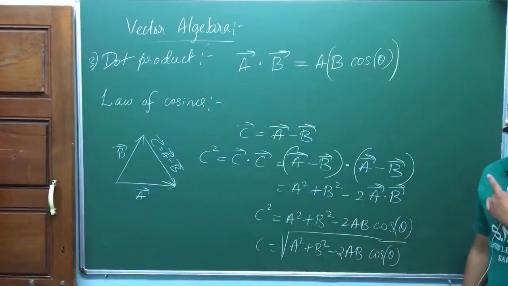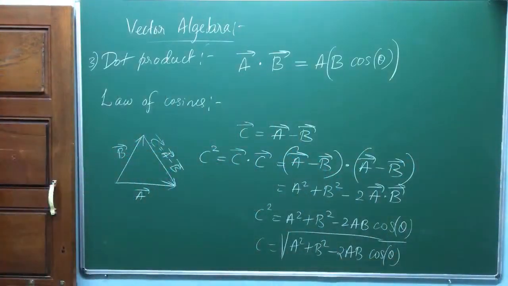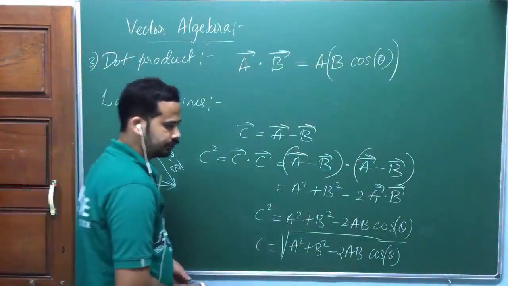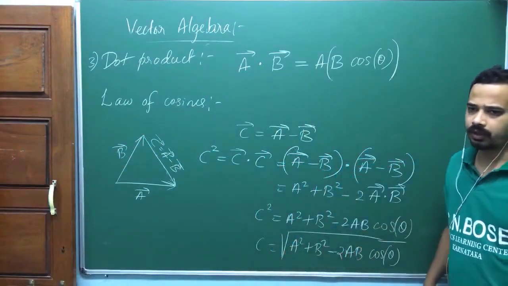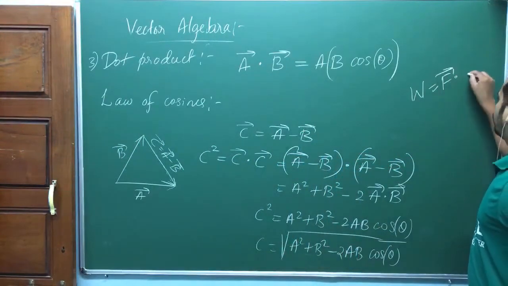What is the application of this dot product? Can you quickly tell me? In the case of mechanics, work done is equal to force into displacement. That's how you write it, force into displacement.